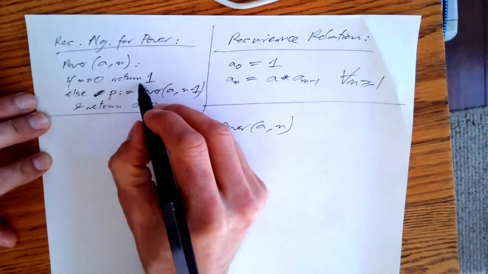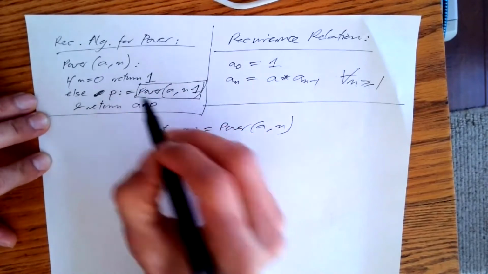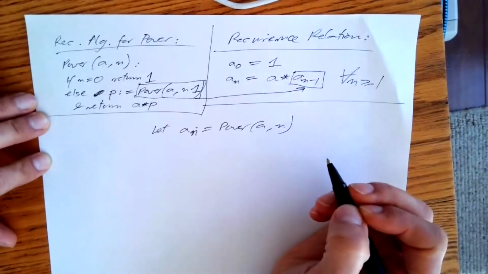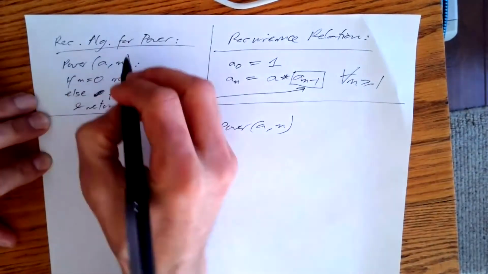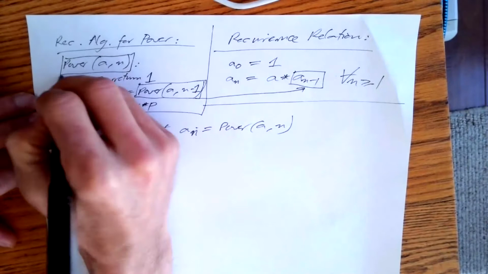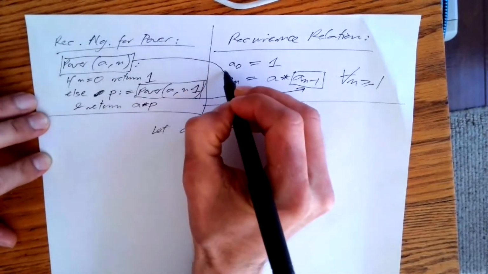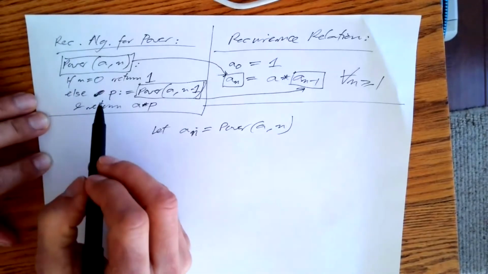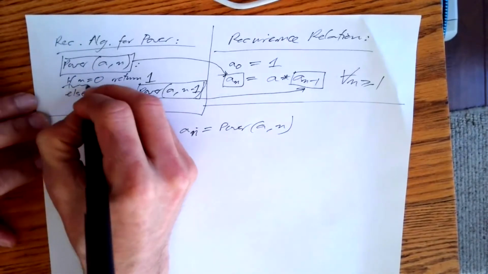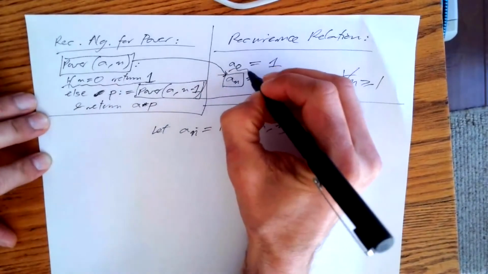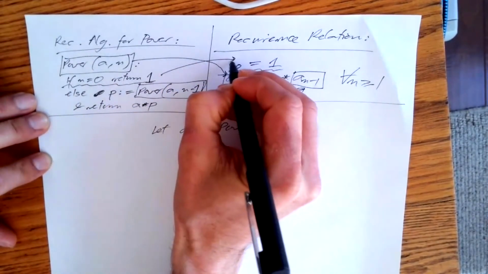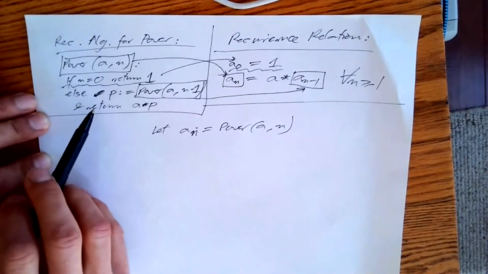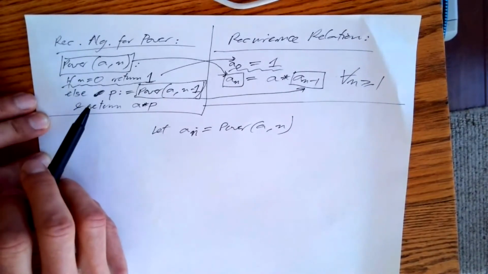So what you had here was this, and this thing was this, right? So this recursive algorithm, what does it do? And of course, this line is the same as this line, right? So there's two parts here: base and recursive.